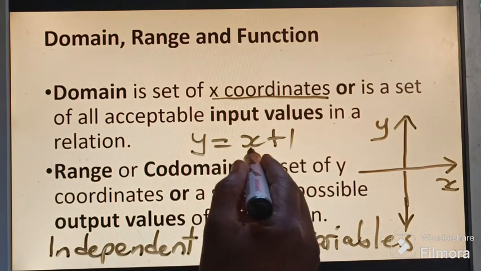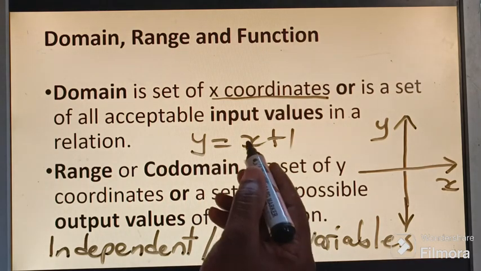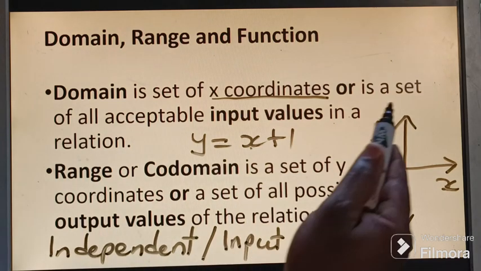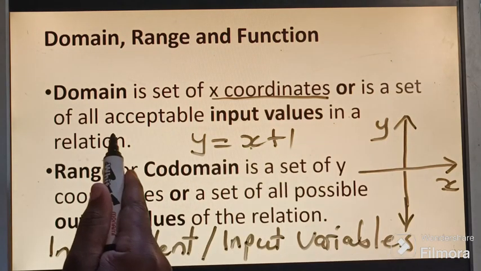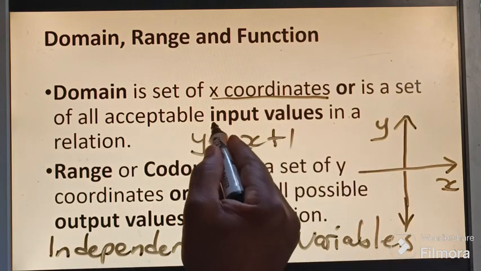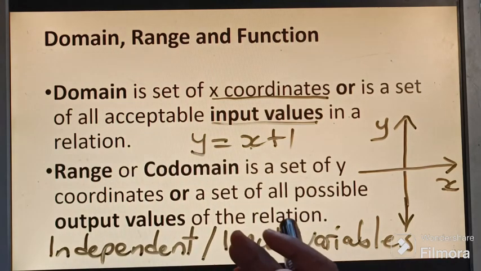So finding the elements in x, ukadziwa ma element amenewa ndi amene umagwiritsa ntchito kupezera y. Now, the definition is also saying, or it is a set of all acceptable input values, input variables in a relation, all acceptable input.